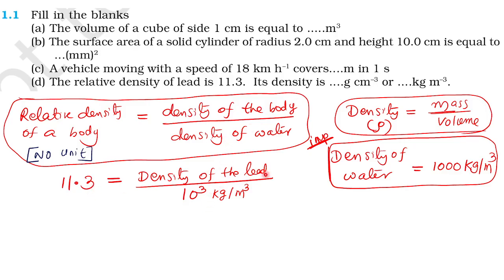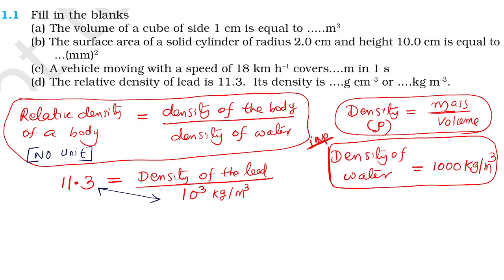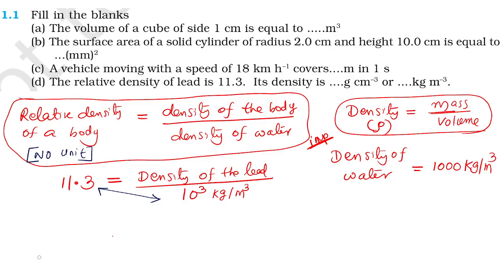Density of the body we don't know. Density of water is 1000 kilogram per meter cube. Let me write the unit. Cross multiplication. And memorize this one also. Density of the water is 1000 kilogram per meter cube is correct.